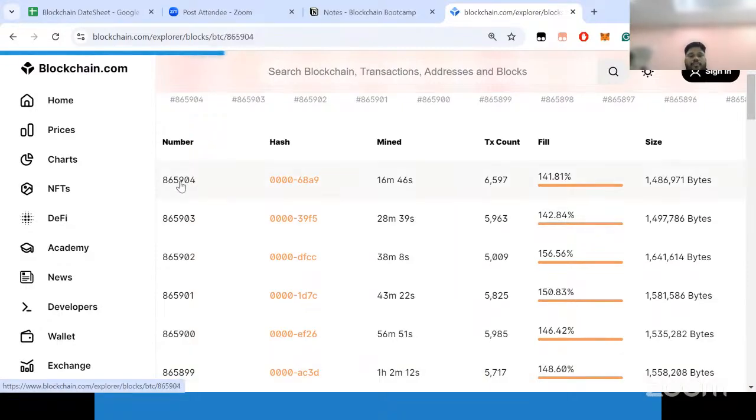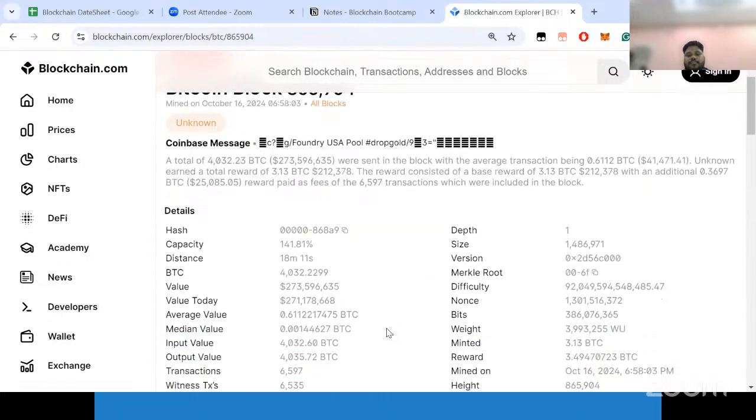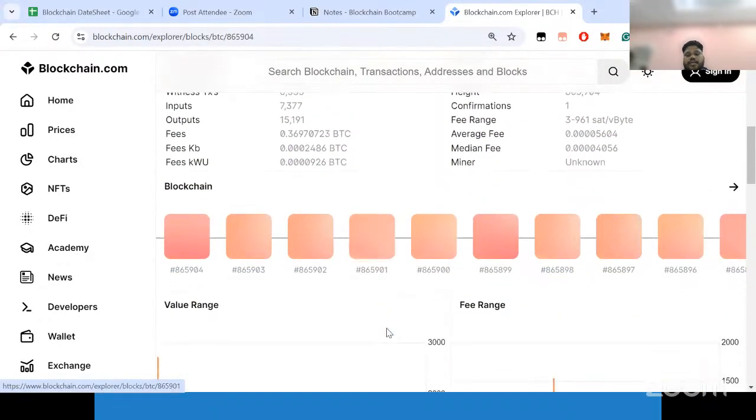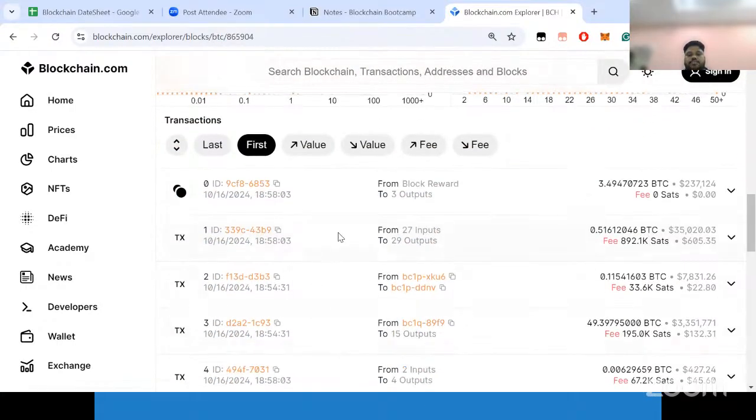If you click on any particular block number, it will take you further inside it and provide the details of whatever is available in the block, showing you all the relevant information. If you scroll down a little, these are the transactions available within that particular block.